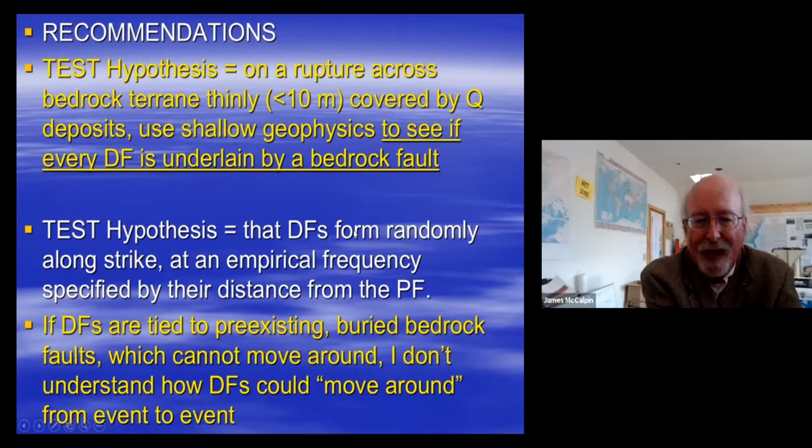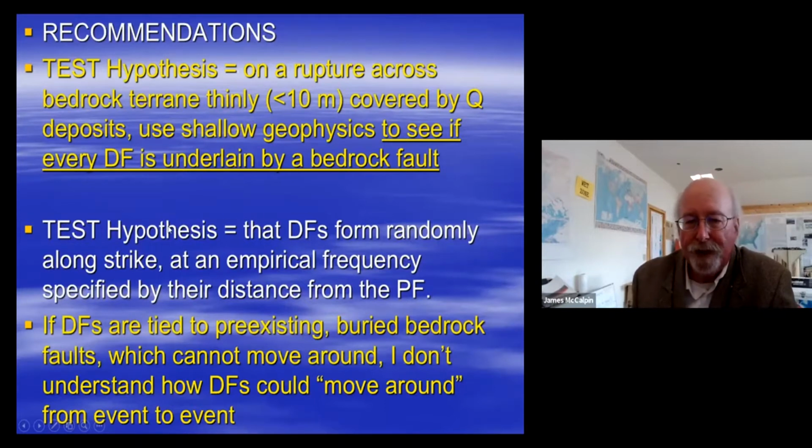There's another hypothesis that DFs, and this is the hypothesis which is currently built into PFDHA, that distributed faults form randomly along strike at an empirical frequency specified by their distance from the principal fault.